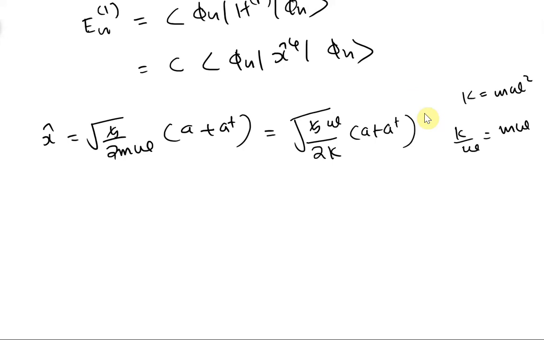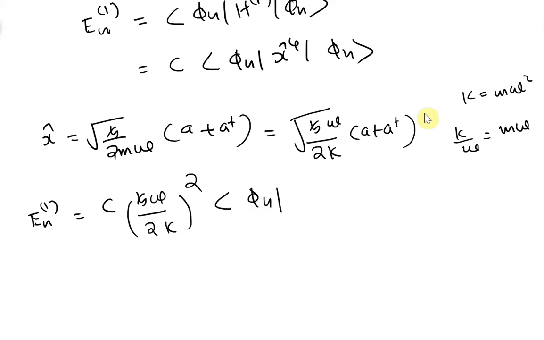Okay, so if you substitute that value of x raised to 4 inside this equation, we can write E_n1 equal to C, which is (ħω/2k) squared coming outside, and what we will be having is ⟨φ_n|(a + a†)^4|φ_n⟩.